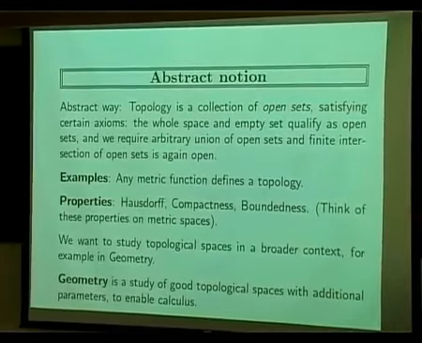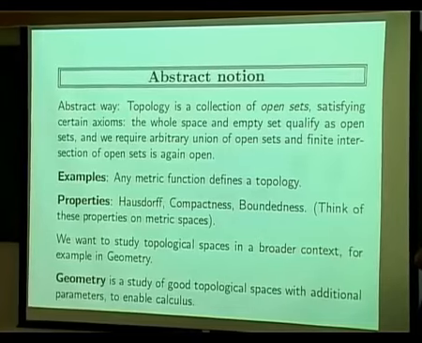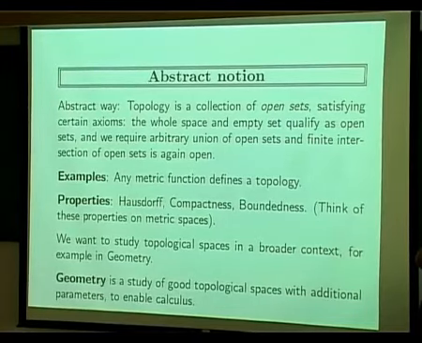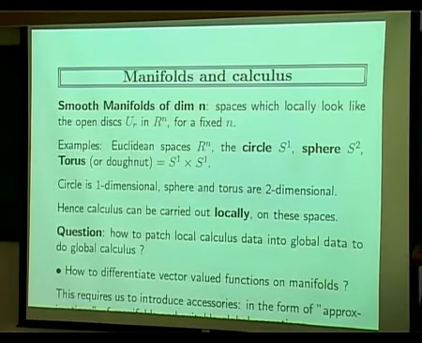I would say what we mean by good topological spaces. For example, you can keep in mind the usual Euclidean n-space, which is a good topological space, with additional parameters to enable calculus. So this motivates a definition of good topological spaces.